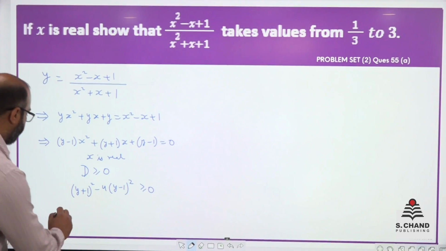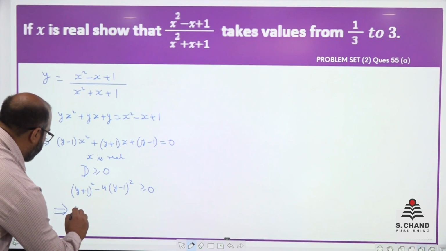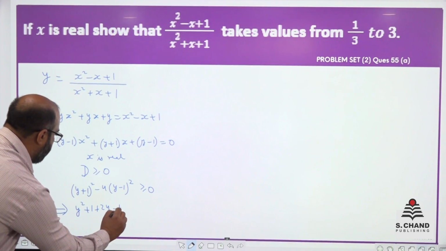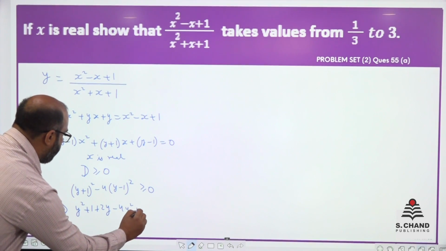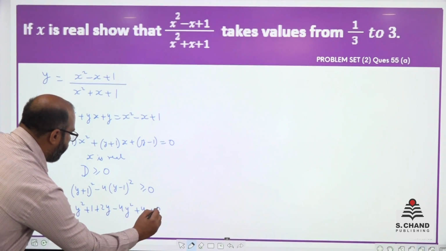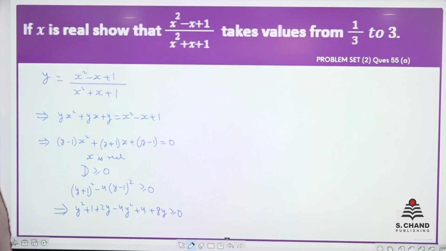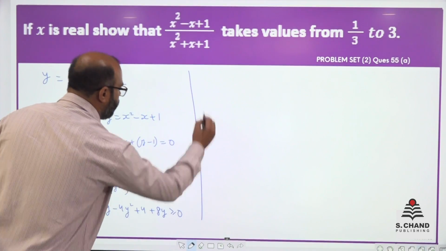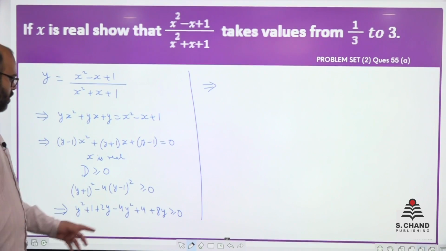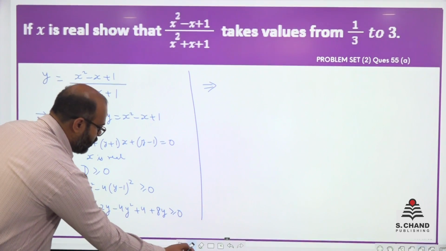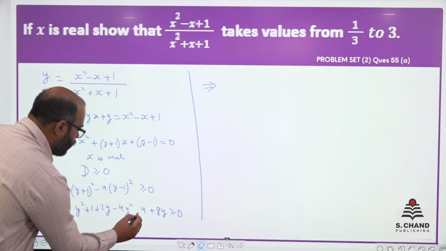Now let us open. So this will become y square plus 1 plus 2y minus 4y square minus 4 plus 8y is greater than equal to 0. In the next step, minus 3y square, sorry, this here is minus, not plus.